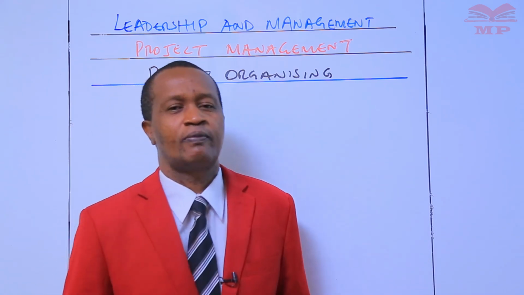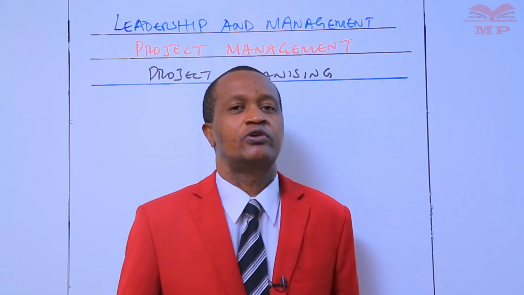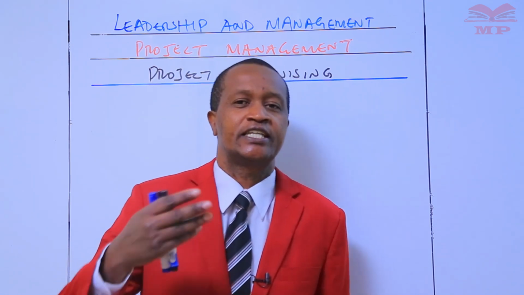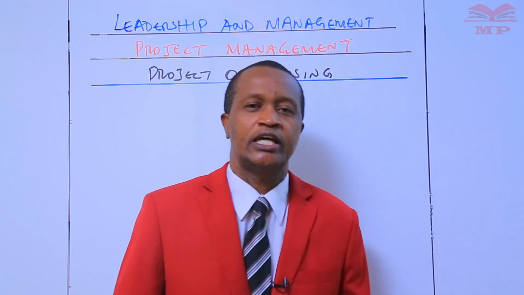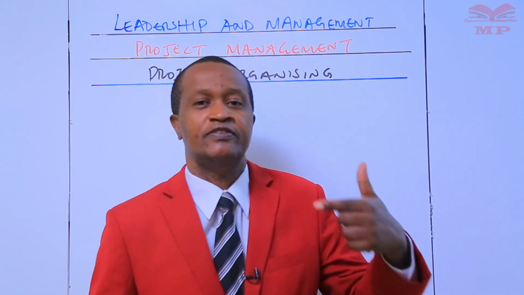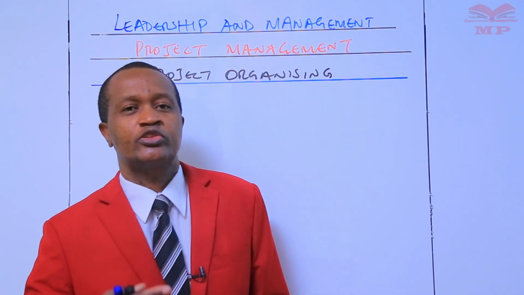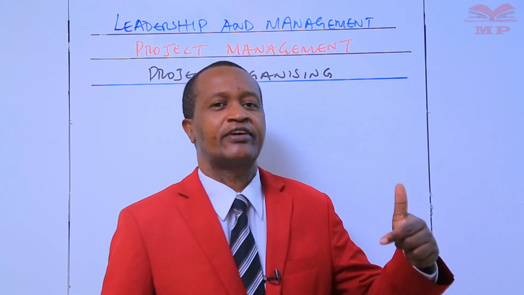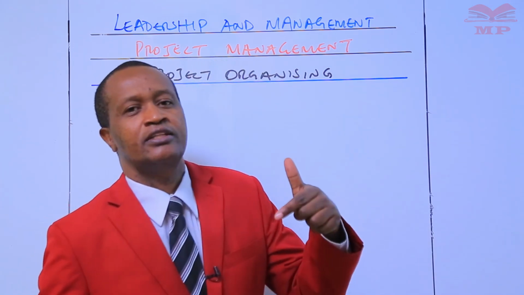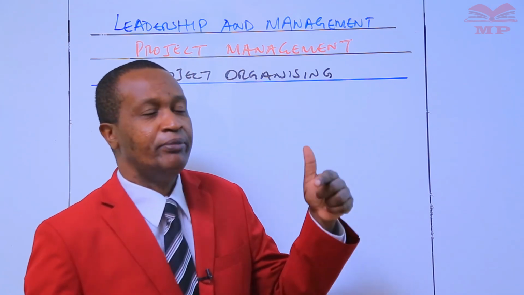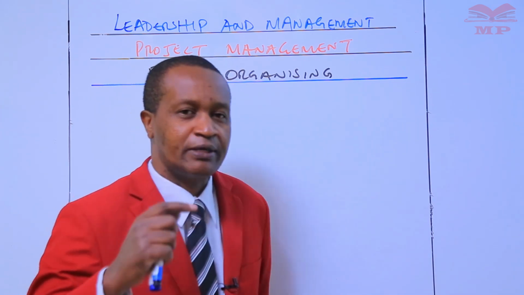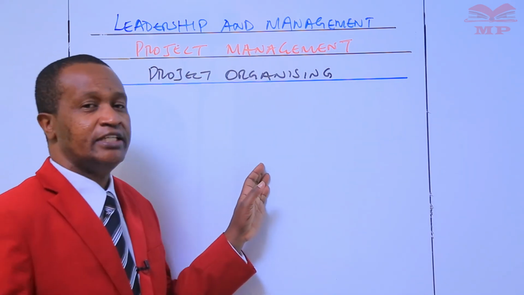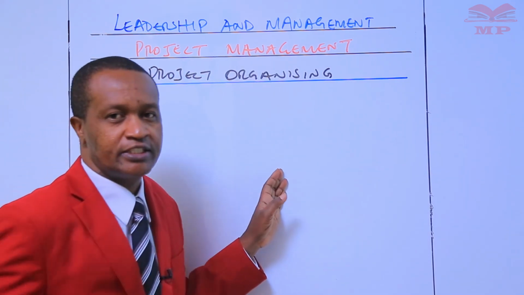Organizing is a function that has to be carried out before the execution of the project, and it facilitates the coordination and implementation of project activities. Its main reason is to create an environment that fosters interactions among the team members with the minimum amount of disruptions, minimum amount of overlaps, and less conflicts.